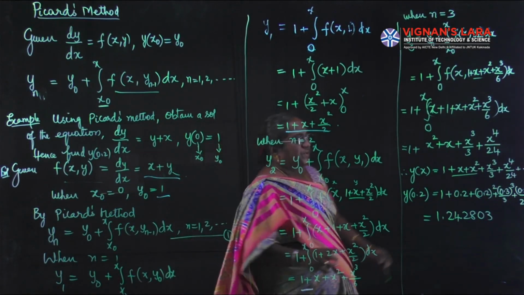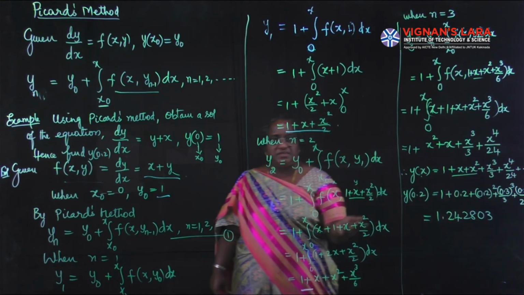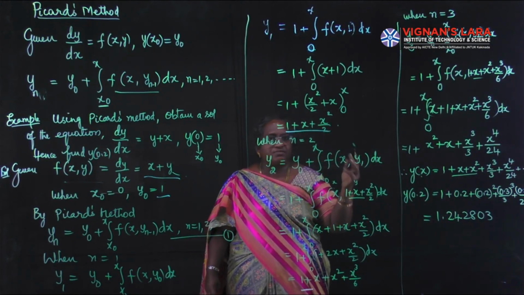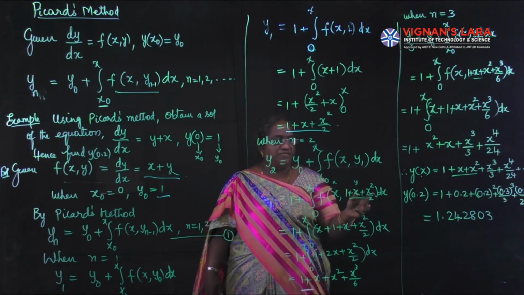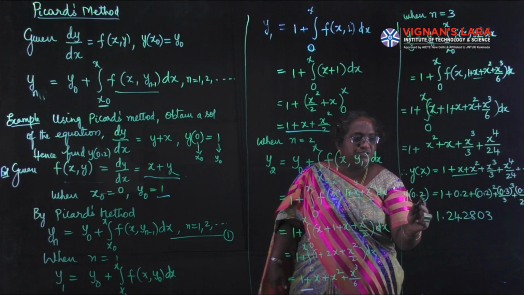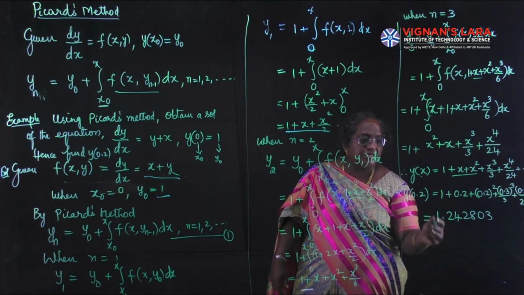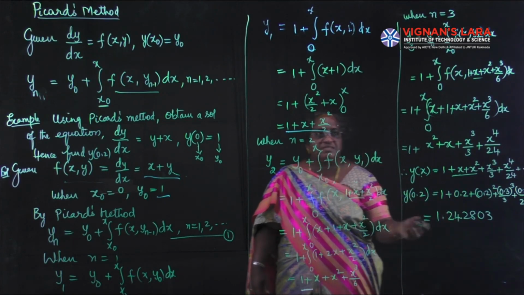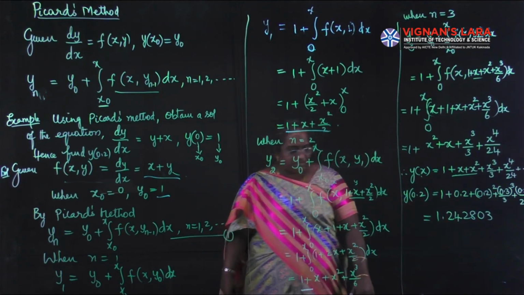Because this is a numerical method, we are expressing it in terms of a series. If I want any value of y for a given value of x, I am substituting the value of x directly in the series I got. So that's why it is called a single step method. This is about Picard's method. Go through the method once.